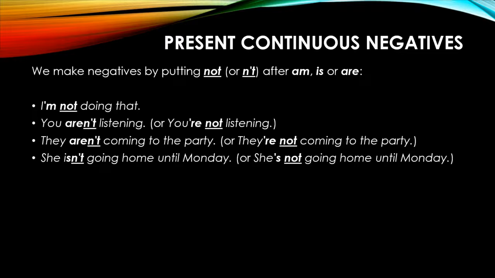You aren't listening, or you can write it this way as well. They aren't coming to the party, or they are not coming to the party. You can use the short form or the full form. She isn't going home until Monday, or she's not going home until this Monday.